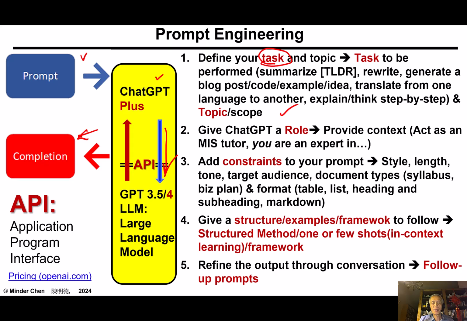What style, what length, tone. Who may be the target audience? You want the system to generate something for you, but what is this for? Document type or style. Is it a syllabus? Is it a business plan? Is it a pitch to the investor? And then a variety of formats that you want the output to follow.